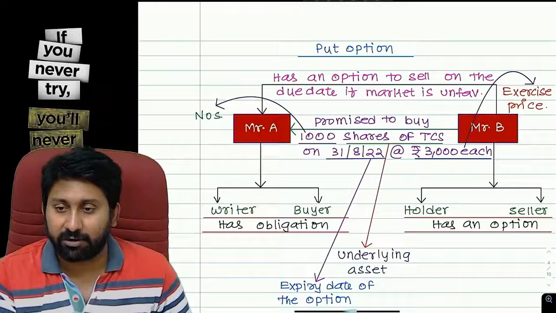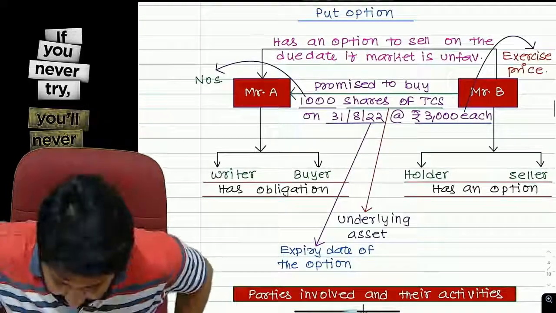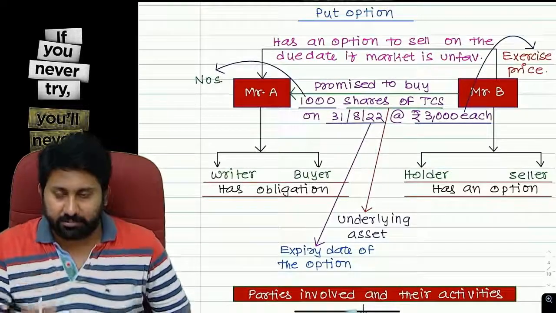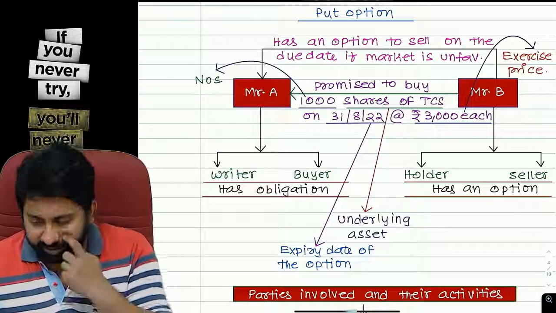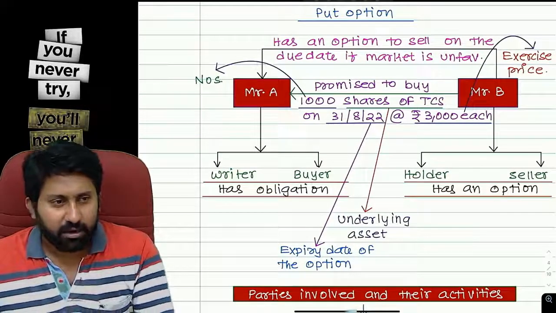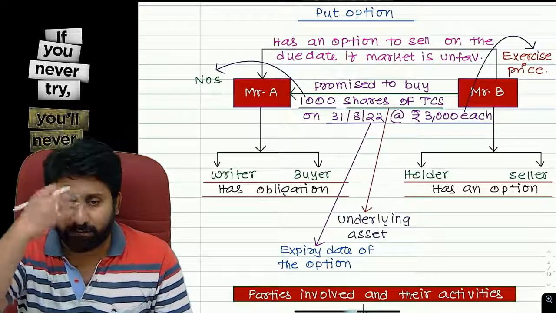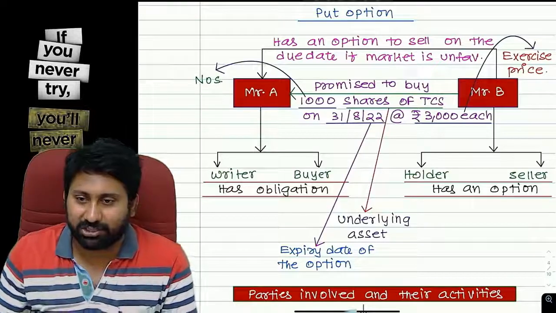Hope everyone completed writing the notes. Now we have completed call option and put option as a concept. Generally, with derivatives, understanding the basics is fine, but while solving problems a lot of doubts will come. Why is he giving the answer like this? Why is he asking the question this way?